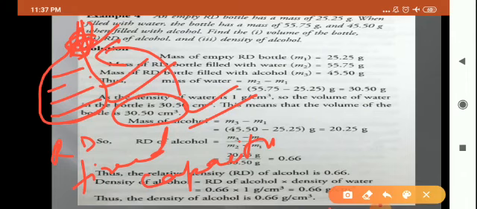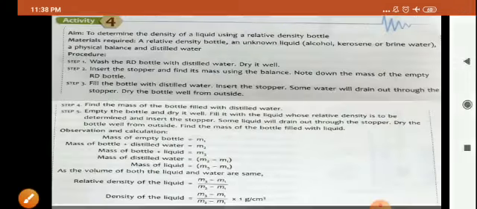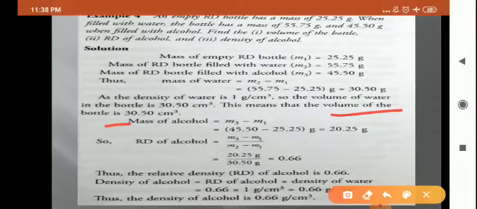It means whatever amount of water is accommodated will be the volume of the bottle. So that is the reason whatever is the volume of the water in the bottle, same will be the volume of the bottle, that is 30.50 cubic centimeter.